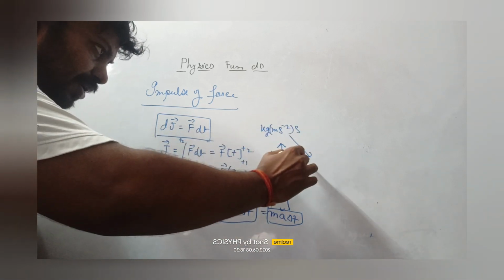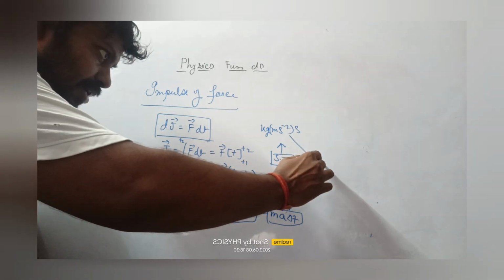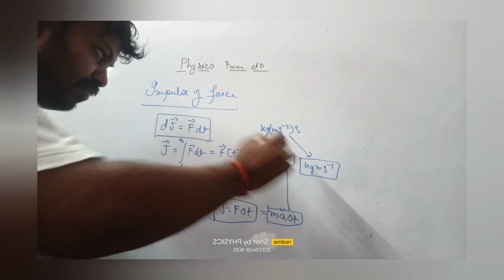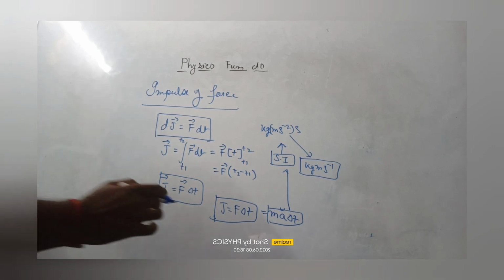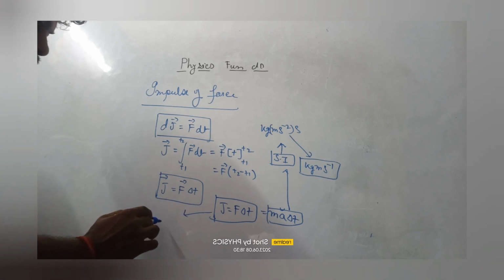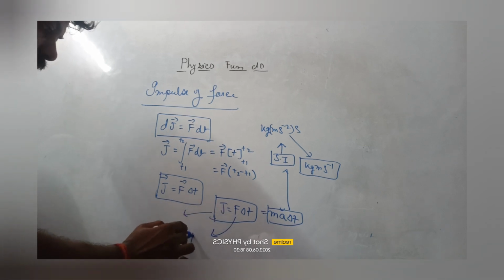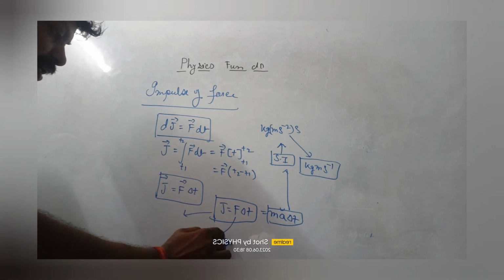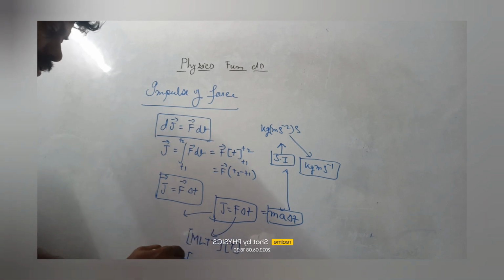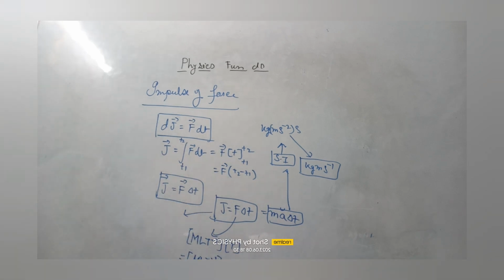So we have kg meter second inverse. Now what is the dimension of it? The force dimension is M L T to the power minus 2 and delta T is T. So we have M L T to the power minus 1.